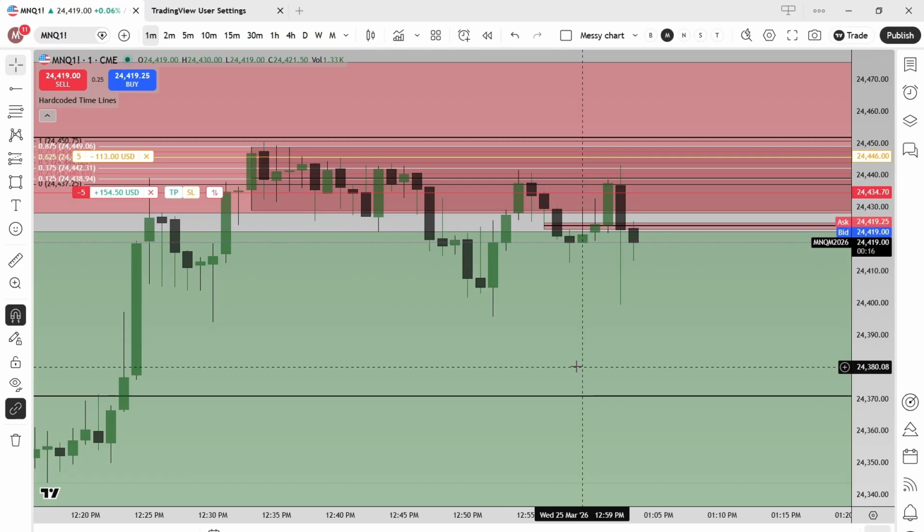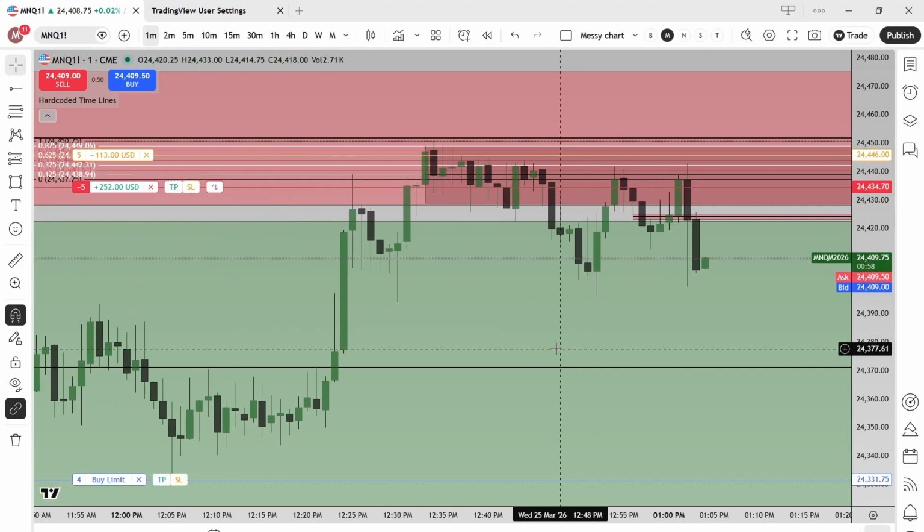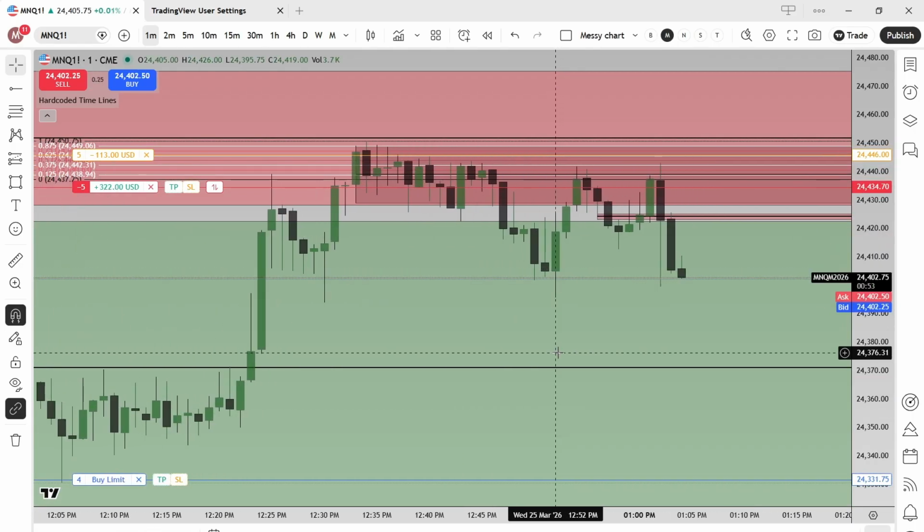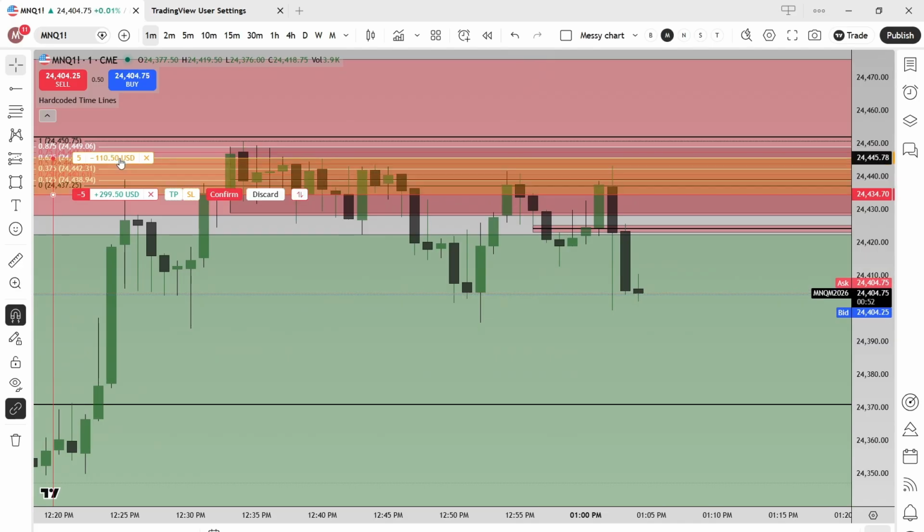That's why I moved the stop loss. Now it's safe above that high.